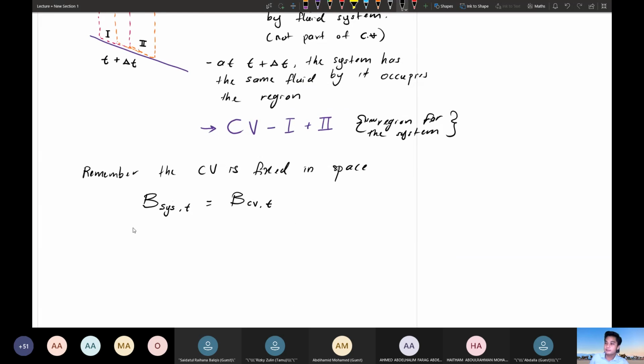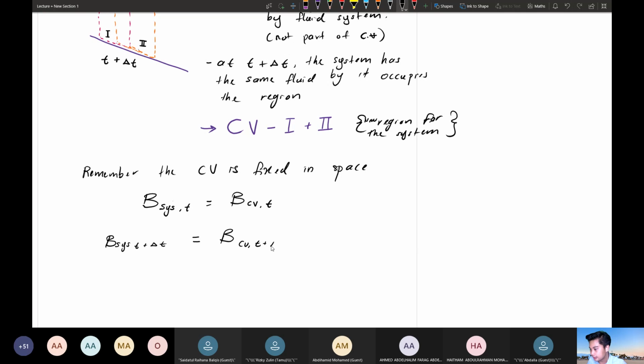So after a short time, t plus delta t, we can put this way, B of the system at time t plus delta t equals B of the control volume at time t plus delta t. Just follow this one. This is the new region, yeah. This is for the right side for control volume, the left side for the system.